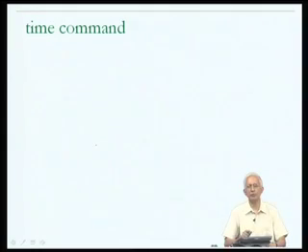Okay, now let's look at a few of the time related mechanisms that you will find on Linux or Unix systems. One mechanism which some of you may have come across and may even have used is what I will refer to as the time command.